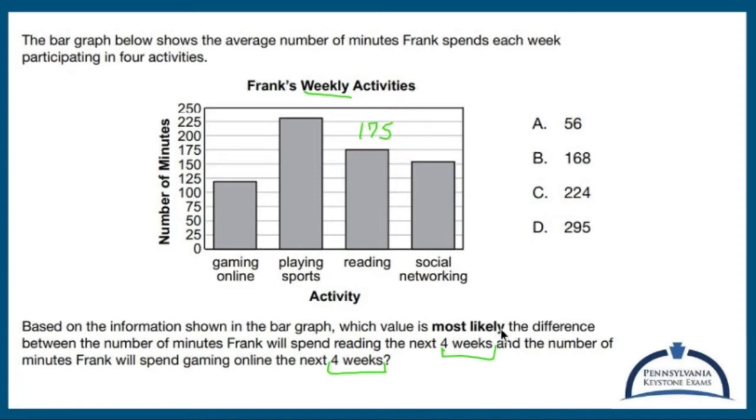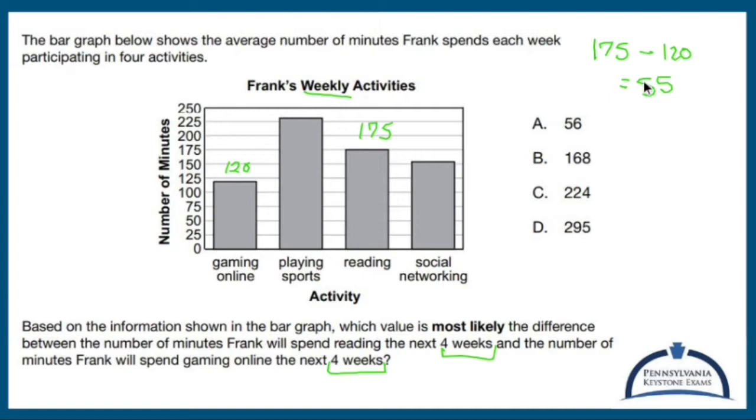And we care about Frank gaming online, which appears to be 120 maybe, because it's right below the line. So we'll say 120. So every week he spends 175 minus 120 more, which is 55.